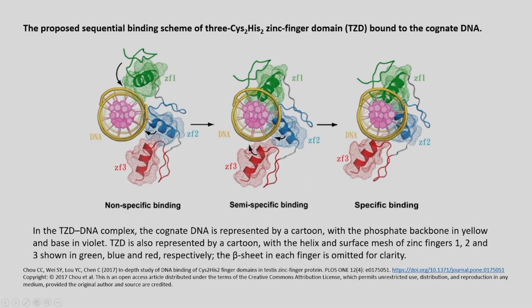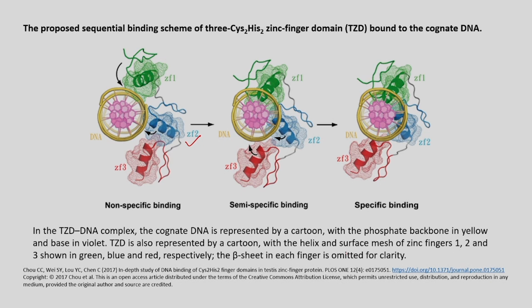TJD is also represented by a cartoon with the helix and surface mesh of zinc fingers 1, 2 and 3 shown in green, blue and red respectively. The beta sheet in each finger is omitted for clarity.